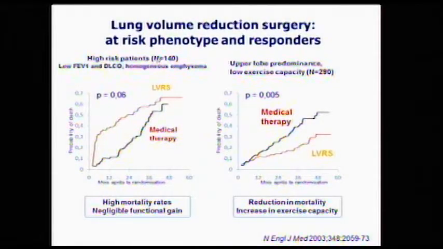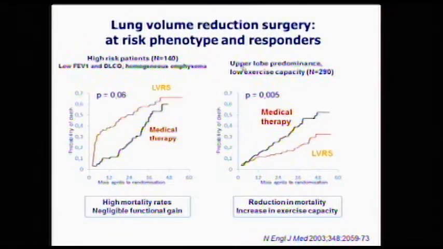And doing that, they were able to identify two different groups of patients, so-called high-risk patients, a small part of the study, about 10%, with low FEV1, low DLCO, and homogeneous distribution of emphysema. And what you see is an increased risk of death with surgery in this subgroup of patients.